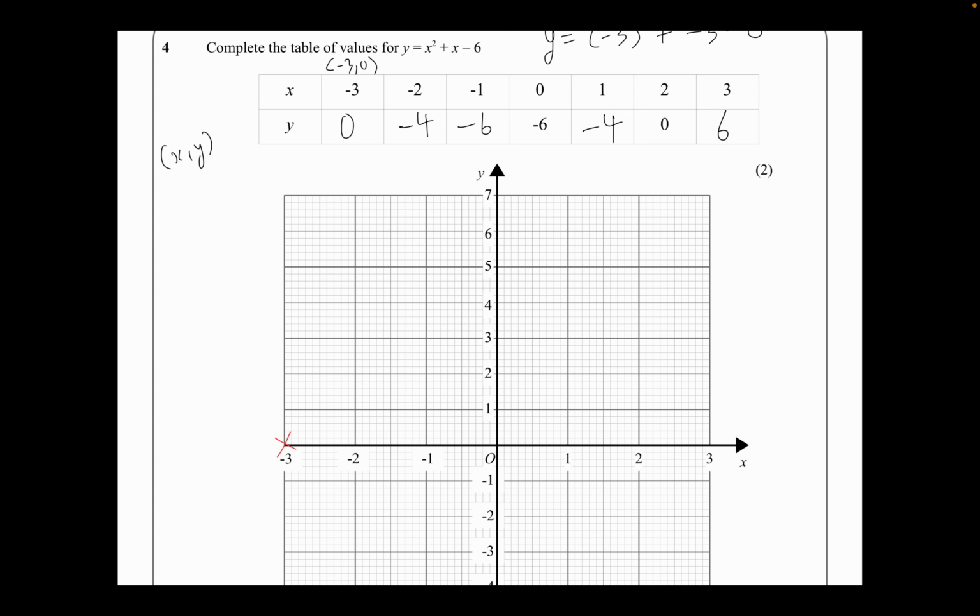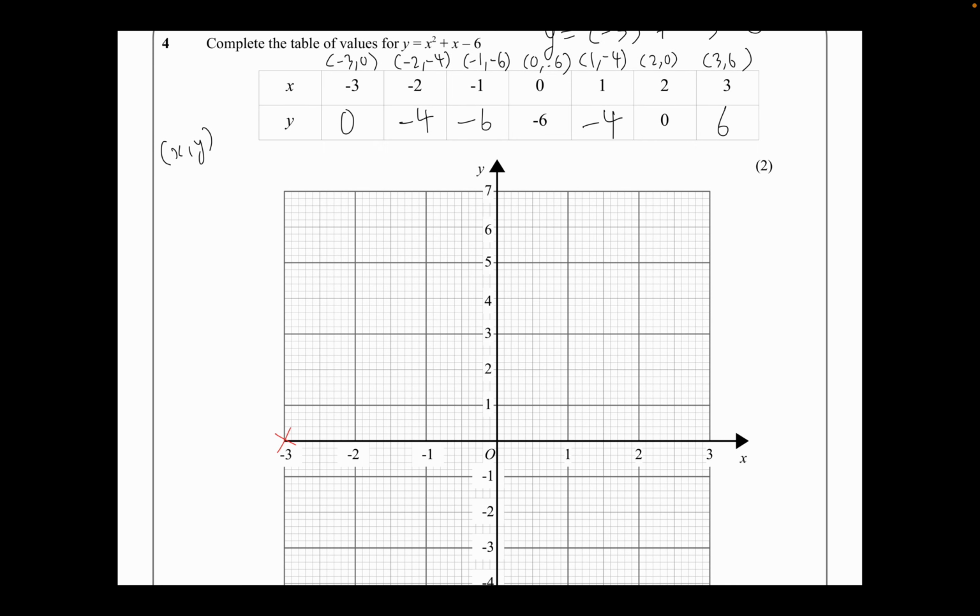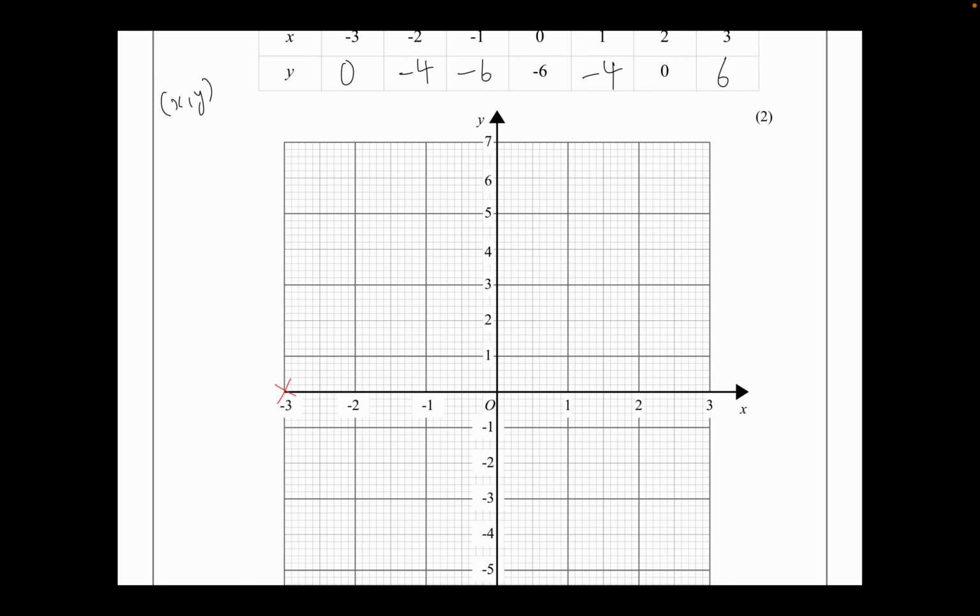Then your next task is to write down all the coordinates: negative 2 comma negative 4, negative 1 comma negative 6, 0 comma negative 6, 1 comma negative 4, 2 comma 0, 3 comma 6. Plot the points. Negative 2 comma negative 4, it's here.